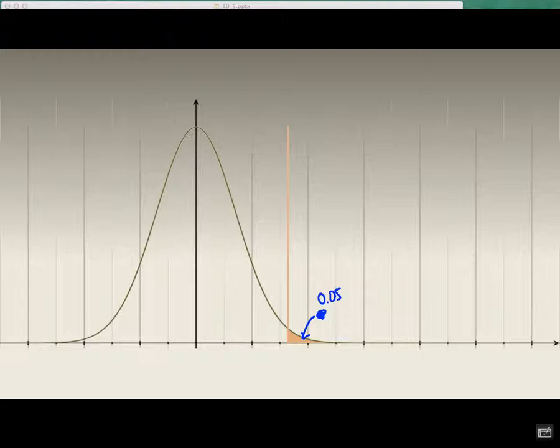This is alpha. What is alpha? It's the significance level. It's also the probability of a type 1 error. Okay, so this is not included in the power, because in power we don't want errors.